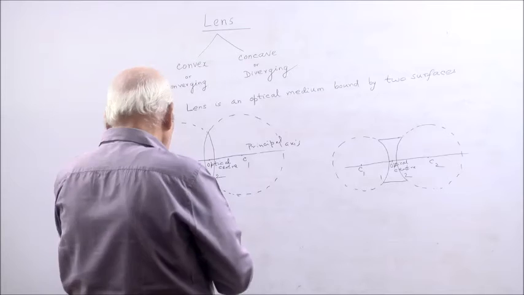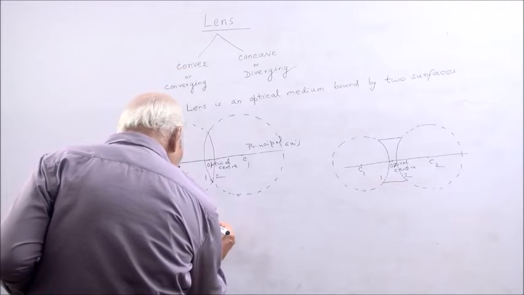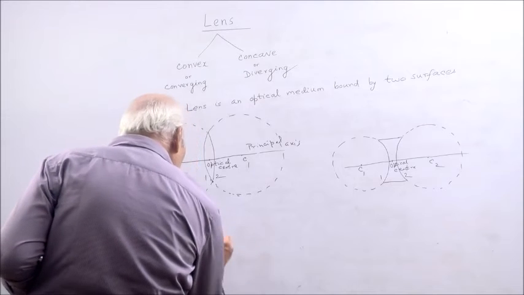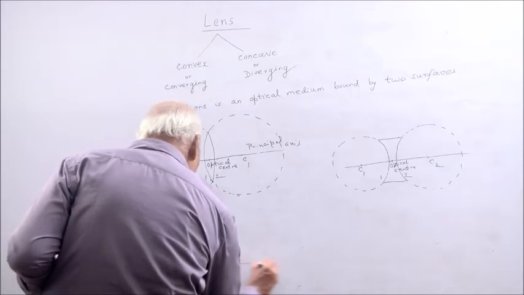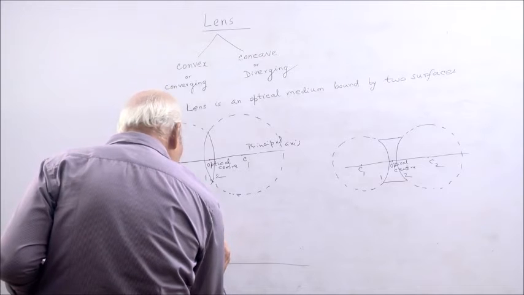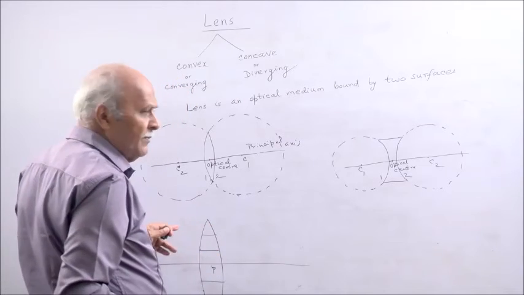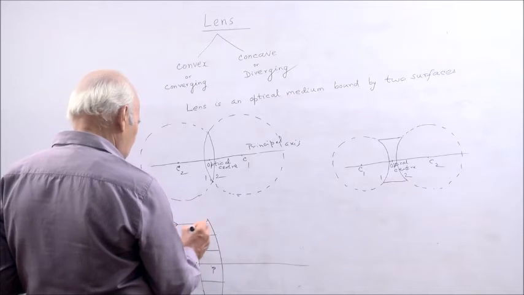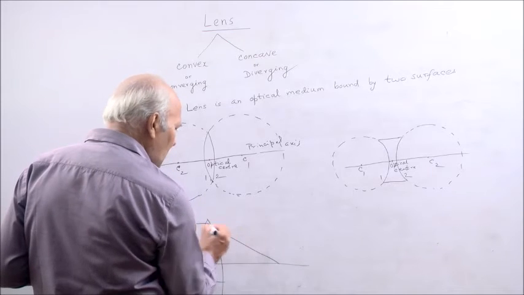Then the question is, why the convex lens is called converging lens? Suppose you have a converging lens. This is P, say, optical center. You can think that the convex lens is made out of many prisms. So, if you have a ray parallel to that, it will go towards the broader side. That is the property of the prism.